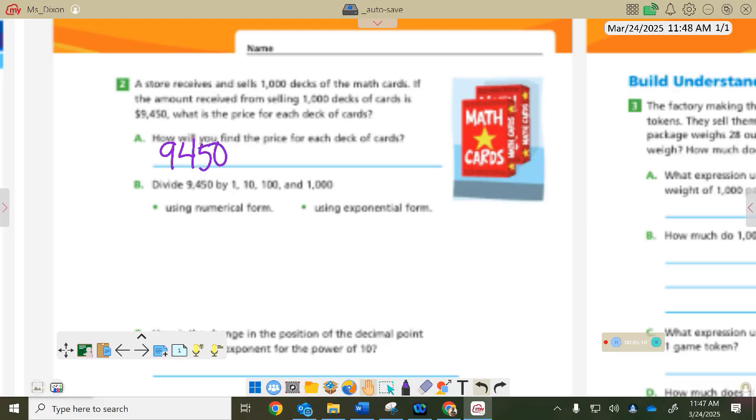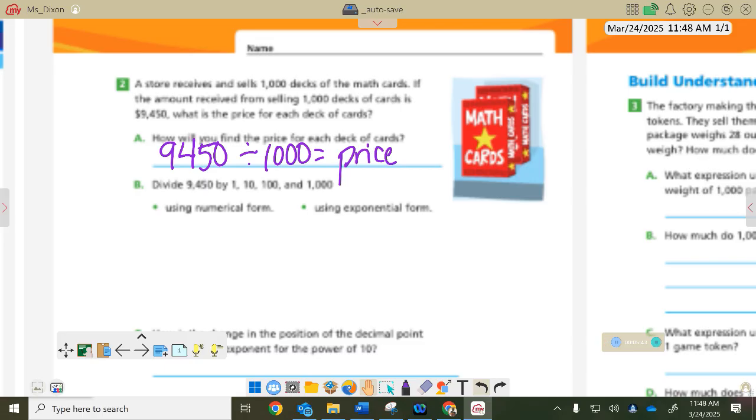Take your total, divide it by how many you sold, and that's going to give you the price of each deck. Okay? Divide 9,450 by 1, 10, 100, and 1,000. Write the numerical form.